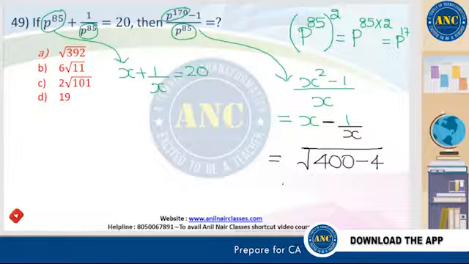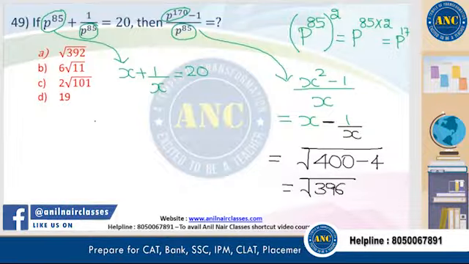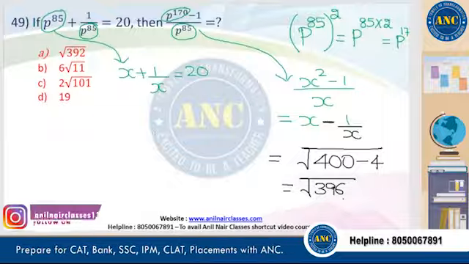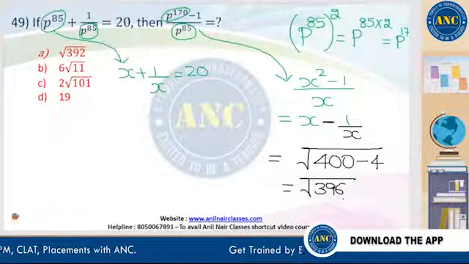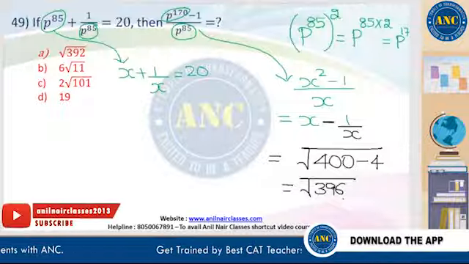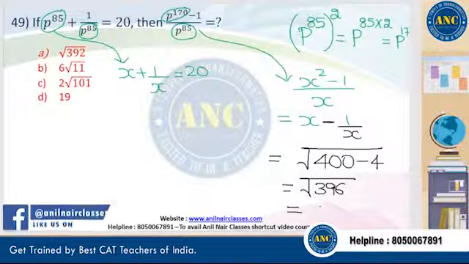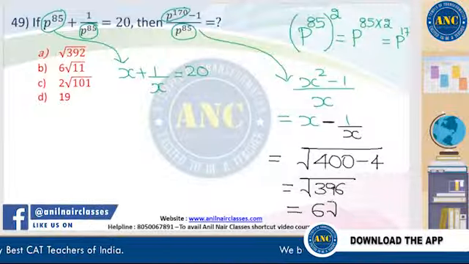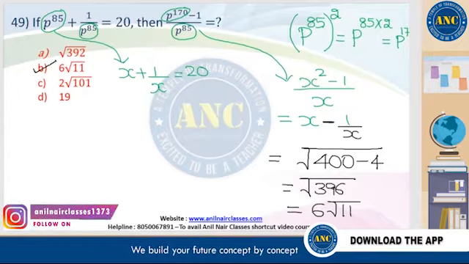So it is minus. Answer finally is square root of 396, which can be further simplified as square root of 36 into 11. 36 into 11 is nothing but 396. Square root of 36 is 6. So it is finally 6 root 11, which is option B.